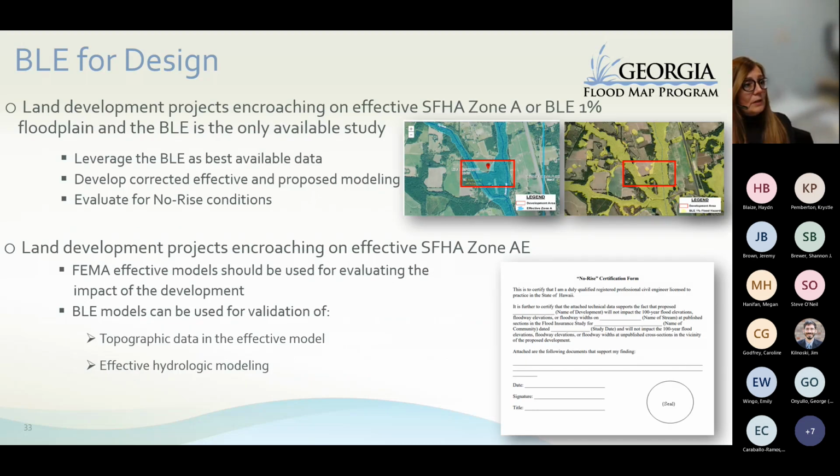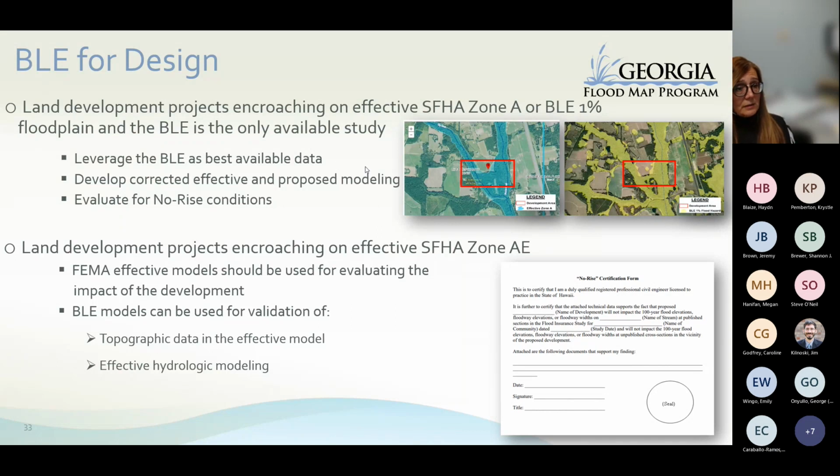The fourth scenario is when the proposed land development project is encroaching on effective special flood hazard area zone A or the 1% base level engineering floodplain, and the base level engineering is the only available study.